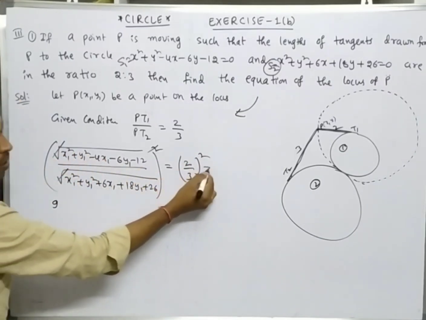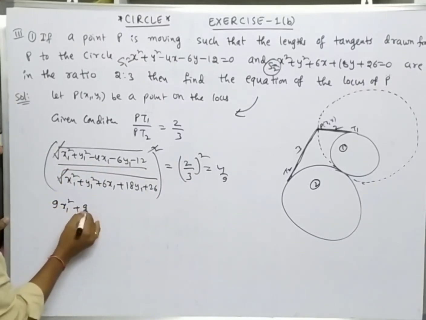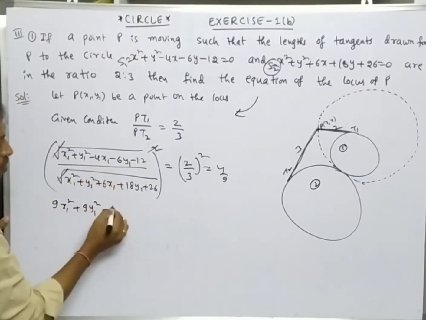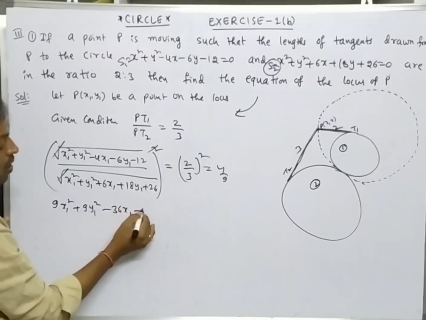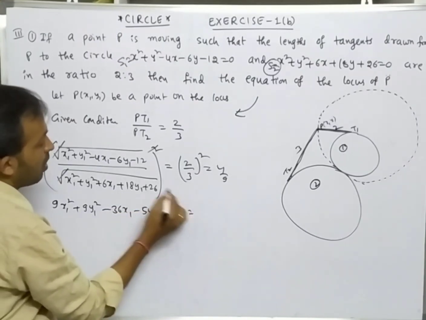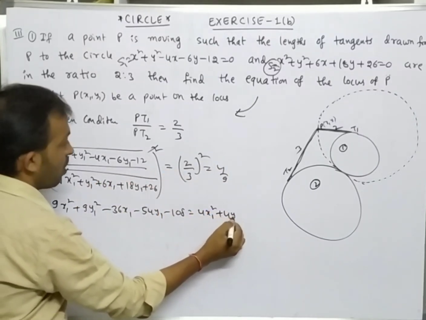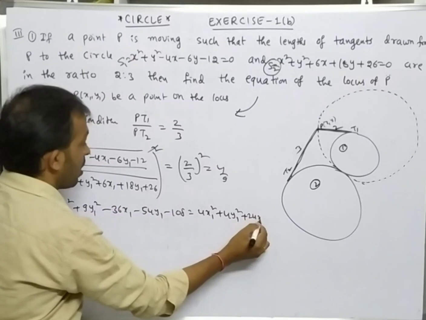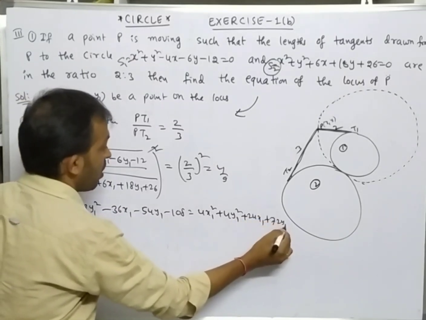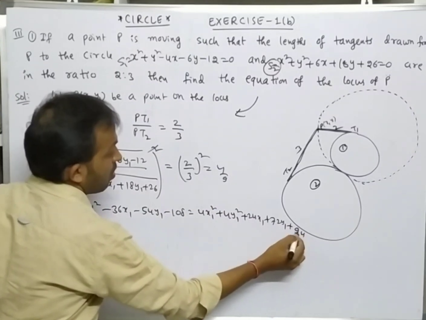This is 4/9, right? 9 into x1 square, 9x1 square, 9y1 square, 9 into 4 is 36x1, 54y1, 108 is equal to 4 into this one: 4x1 square, 4y1 square, 24x1, 72y1, 84.